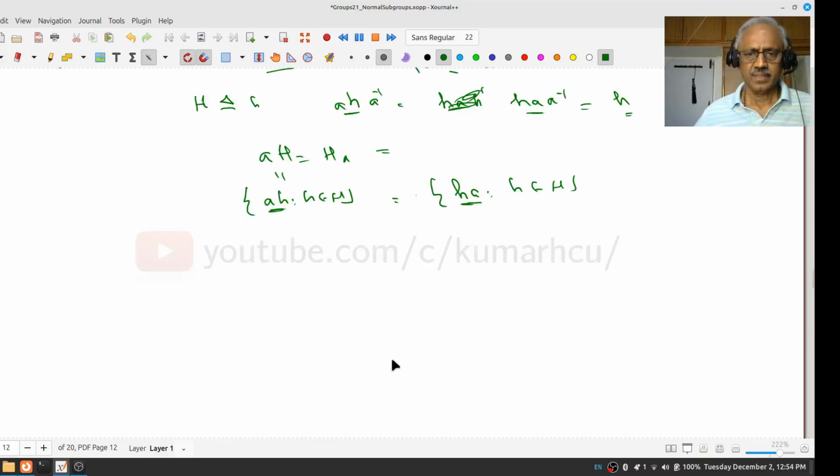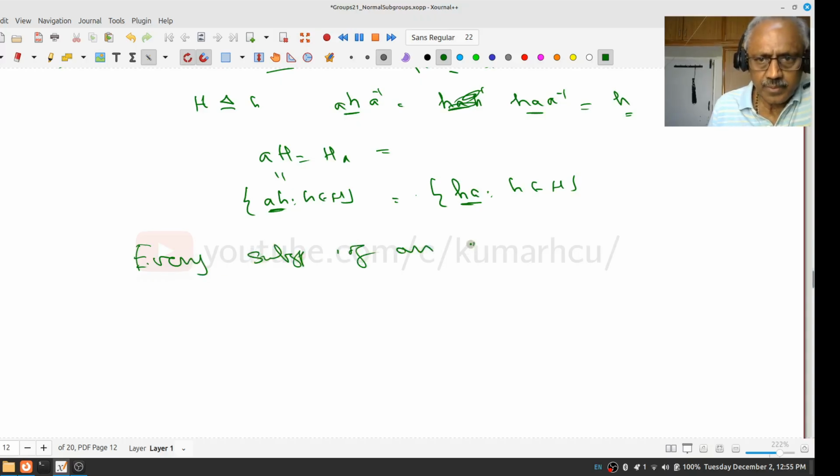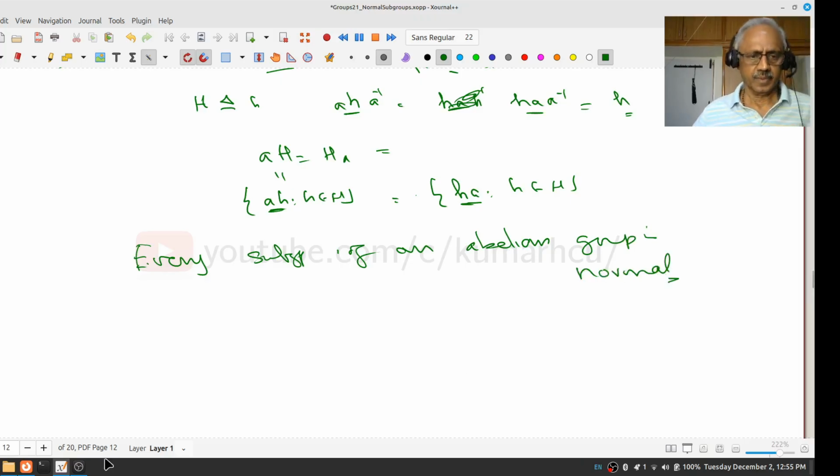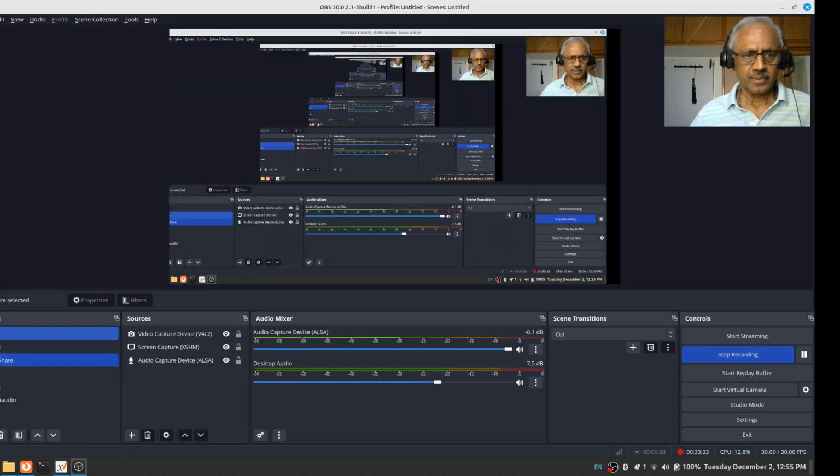Right? So every subgroup of an abelian group is normal. So, as far as abelian groups are concerned, normal subgroups are not special.